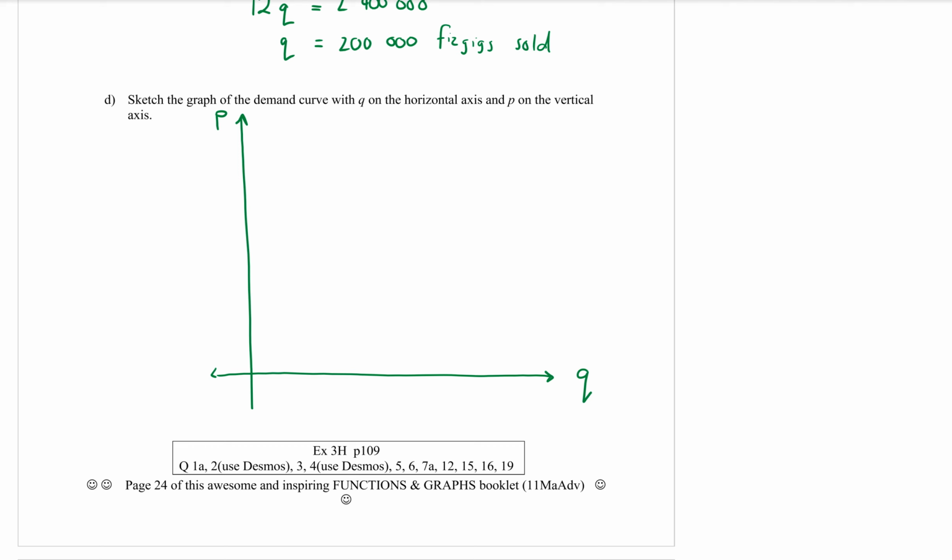And we had Q values, looking back at my notes here, 200,000, 300,000 and 400,000, looking back through A, B and C from up above, right? So across the bottom here, we're going to have to go up by 100,000s. So I'm going to go 100,000, 200,000, 300,000 and 400,000.